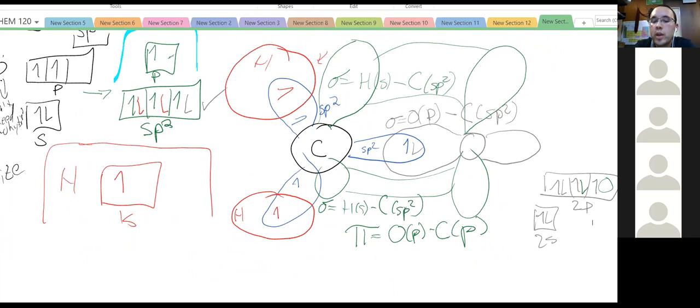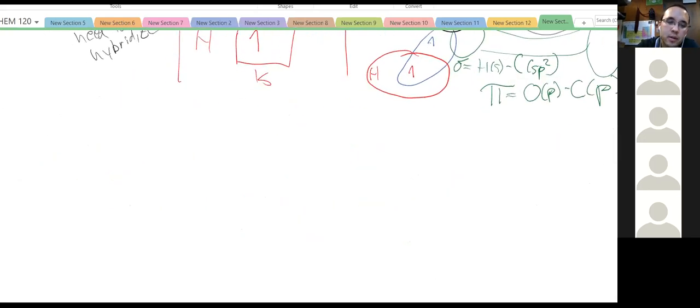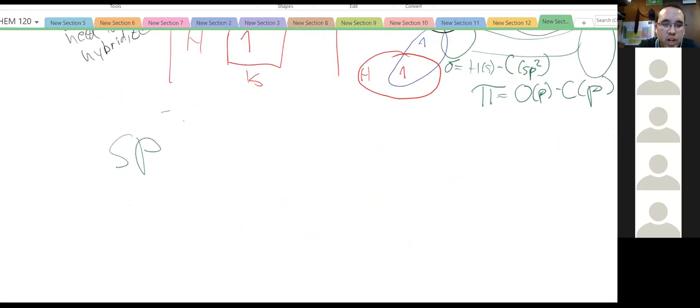So when we were looking at this, right, what kind of electron geometry do you have if you're sp2? How many electron groups do you need if you're going to be sp2 hybridization?